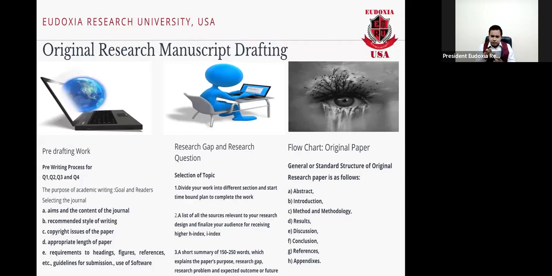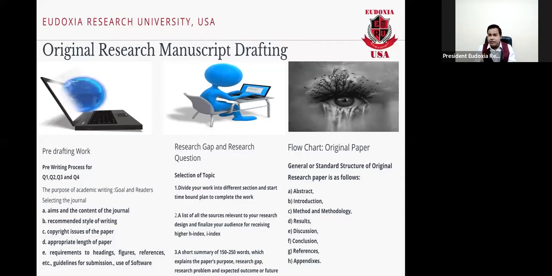It is the pre-writing process. Now, the length of the paper: if you ask me regarding the original research paper, in A4, say you are using your laptop, writing in Times New Roman, size 12, with spacing of 1.5, then it may be 12 pages to a maximum of, I think, 14 pages, not more than that, including the references, because no journal wants to spend its pages without benefit.